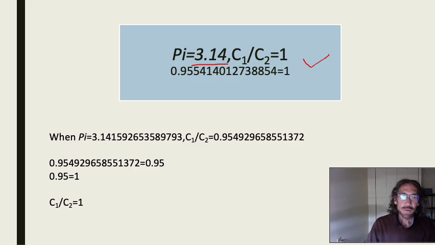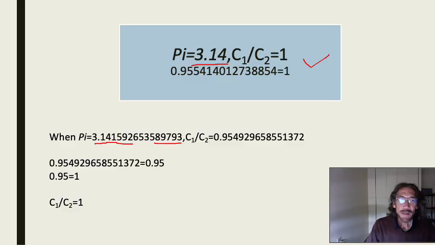If you use pi at 3.1415952653589793, this is a 15-digit value for pi.